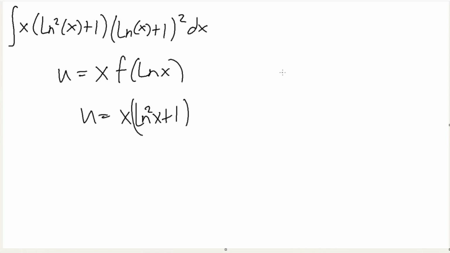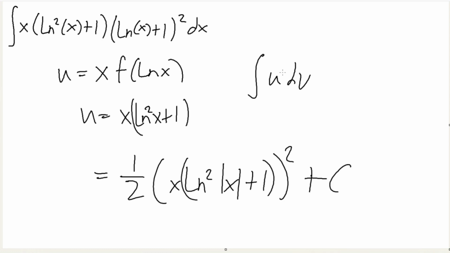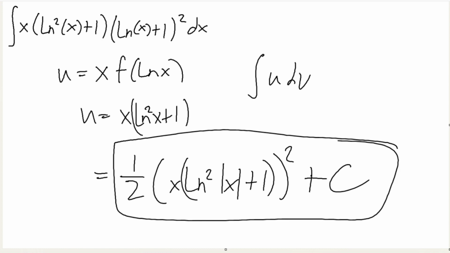All right, so this is the integral of u du. The answer would just be half of x ln, and I'm going to put parentheses. There you go. So that's it. That's decisive integration by parts. Very ugly, but now that you're aware of these ugly integrals, you at least know the fastest way.